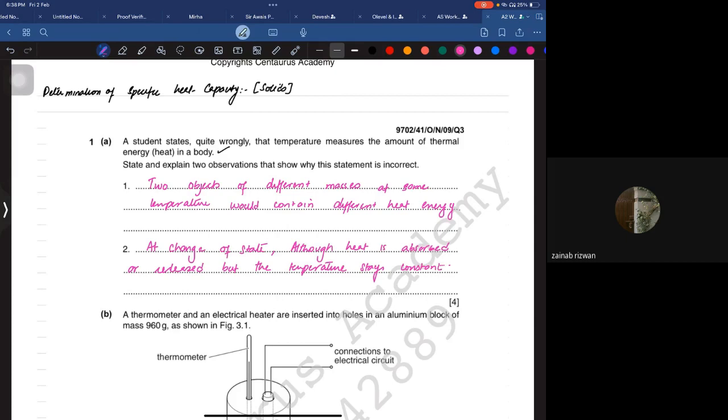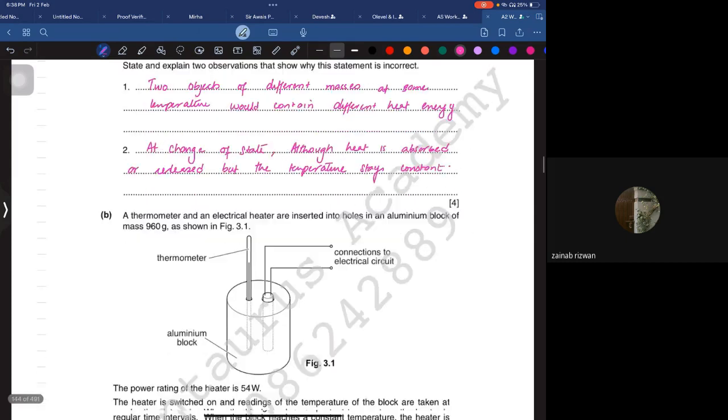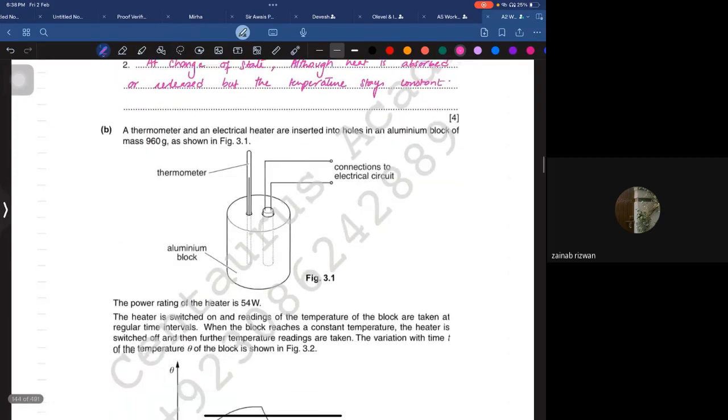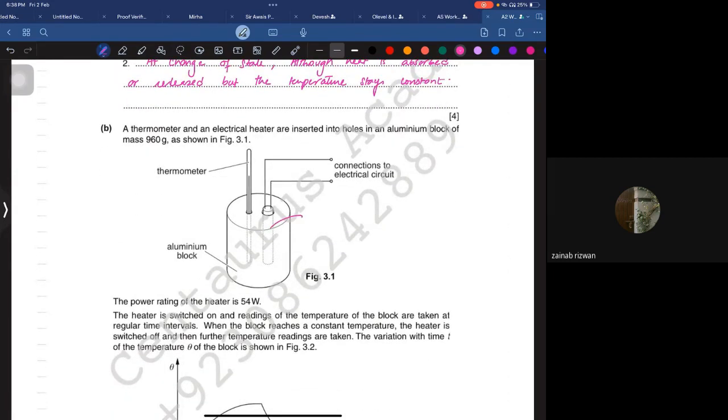Okay, kids. That's pretty good. Now let's go to this experiment. So when you're doing this experiment, you guys need to understand that we will have a heater placed by punching two holes in a metal block. Suppose we have here a heater. Now the heater symbol that we use is like this.